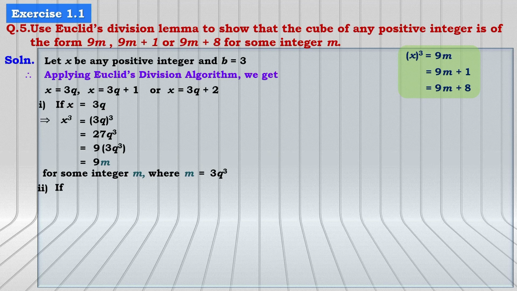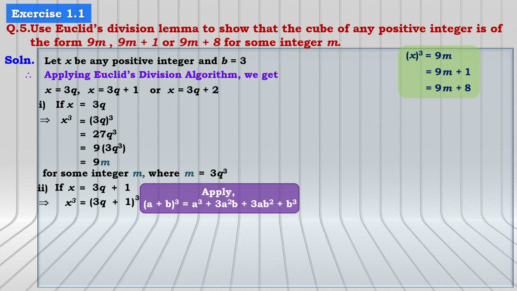That will be x equal to 3q plus 1. In this case, if we do the cube on both sides, x cube equal to 3q plus 1 whole cube. Now here we are going to apply the a plus b whole cube formula, that is a cube plus 3a square b plus 3ab square plus b cube.